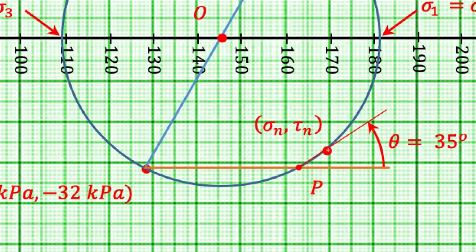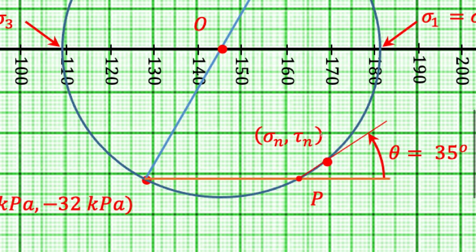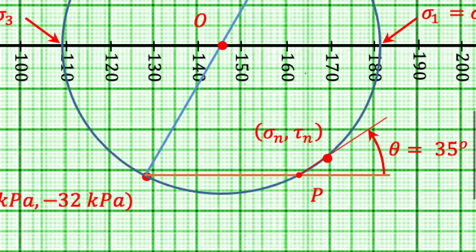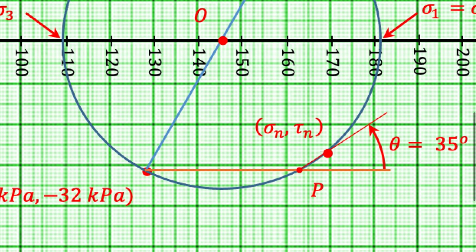So the point of tangency between line AB and Mohr's circle will be our normal stress and shear stress. So ito yon. Then from there, sigma n, we have here 160, 65, 66, 67, 68, 69.